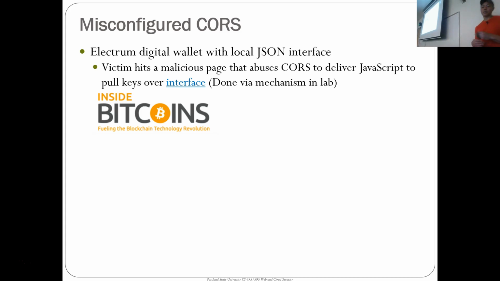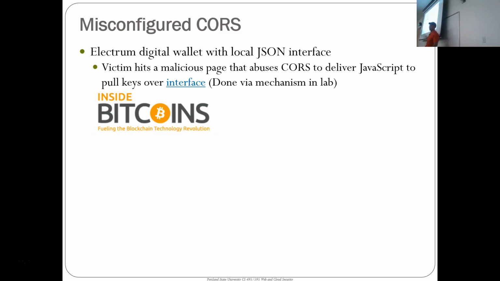The issue with this was that the victim can hit a malicious page that had a CORS policy that was misconfigured. And the way it was misconfigured is exactly the way your lab, there's only one exercise for CORS in your lab assignment. Basically, a lot of policies will take your origin and then echo it back on the Access-Control-Allow-Origin response. So it's basically the same as star, allowing everything, to echo the thing back.